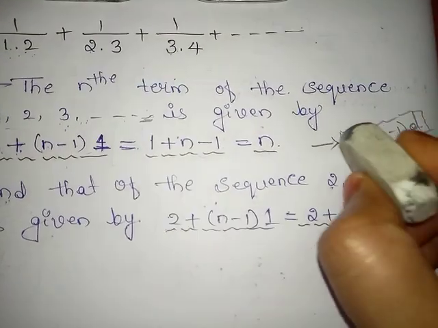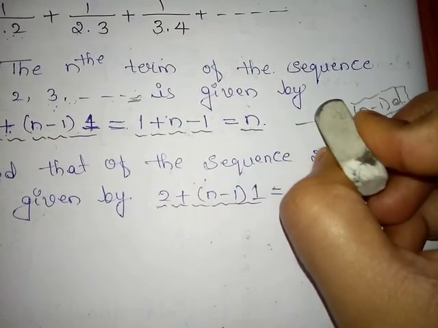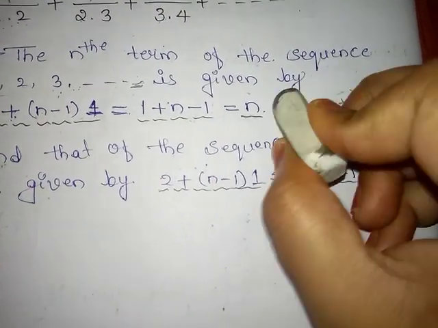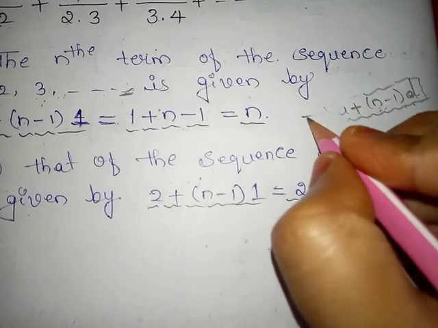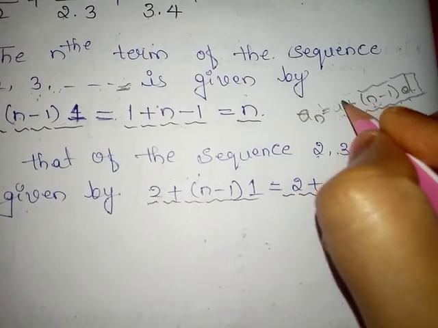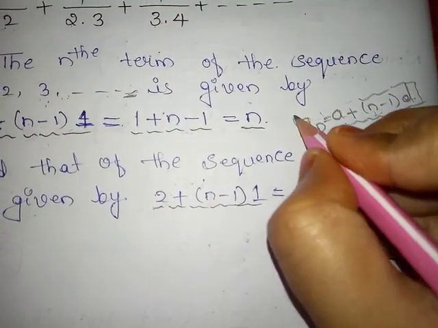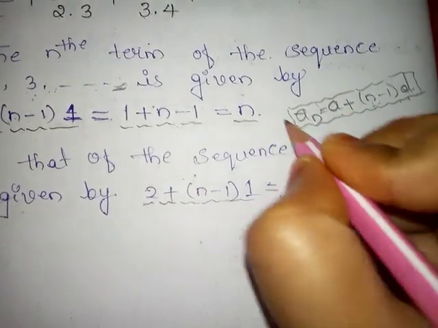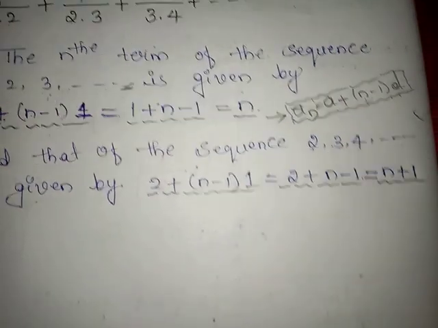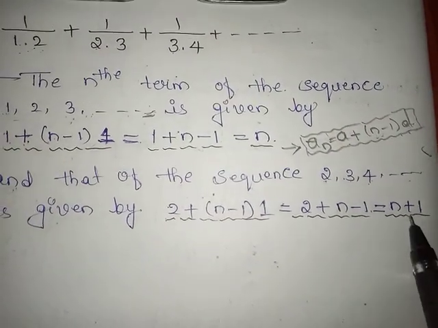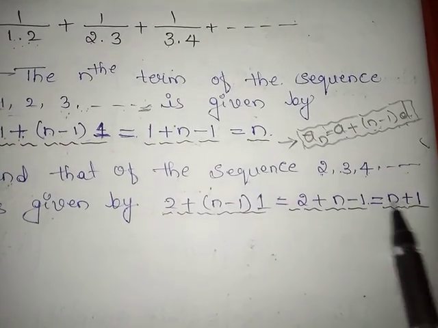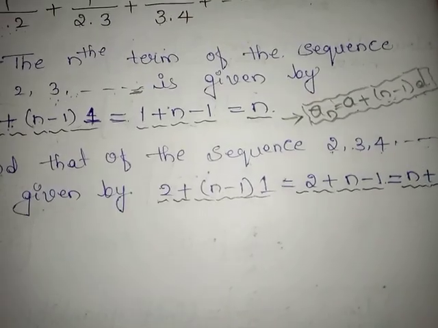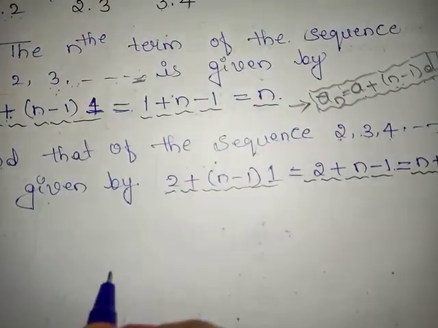Sum to n terms of this series is denoted by Sn. I forgot to write here, this formula is what? an is equal to a plus n minus 1 into d. Our nth term is what? n into n plus 1. Now I will write the nth term.